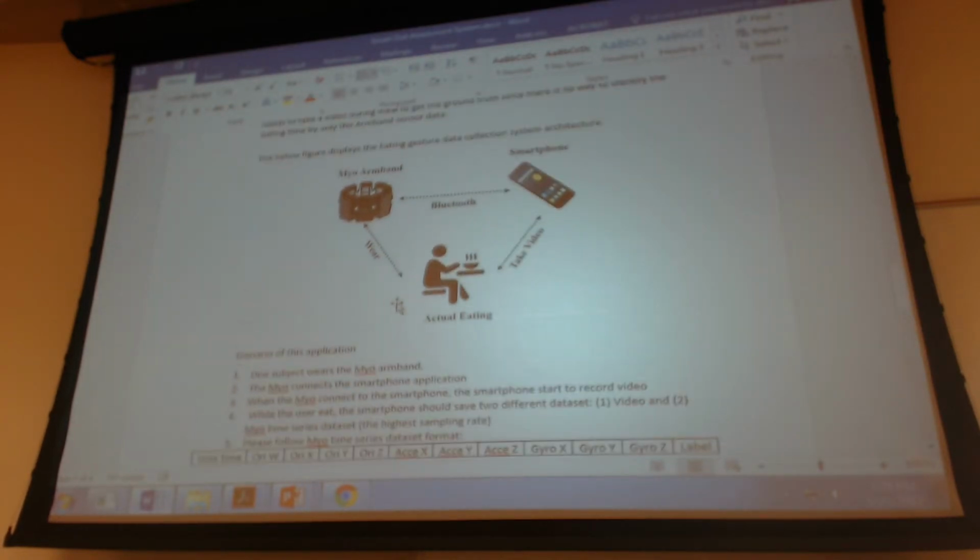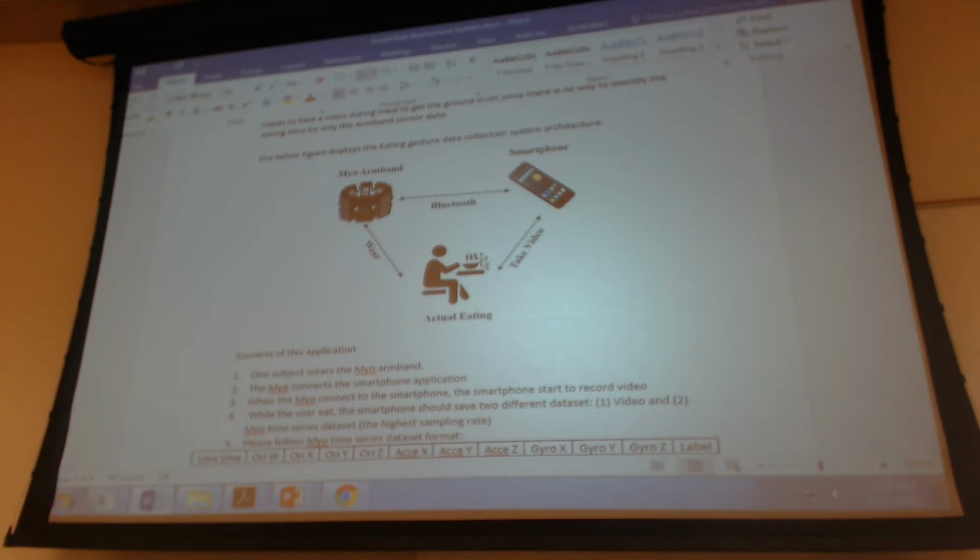Now, in that project, what we need to do is first develop a system model where an armband connects to a smartphone, and whenever a person eats, the armband data goes to a smartphone. That data goes to the cloud. Right?